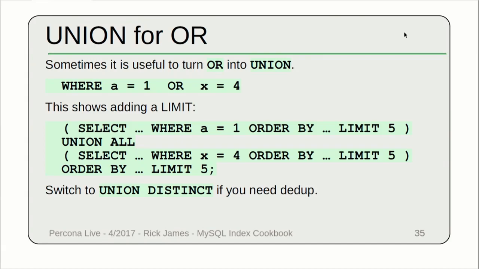And rather than bringing up another slide, I threw in how you would do order by and limit to get only 5 rows out of this whole mess. The idea is to find 5 rows from each of the selects, which gives you up to 10 rows for the union, and then whittle it down to the 5 you really wanted.